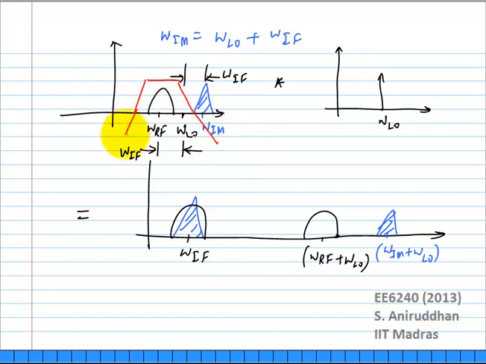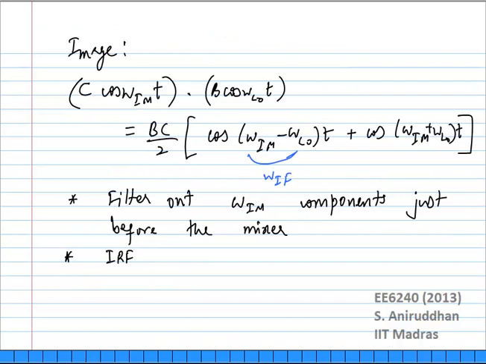The smaller IF is, the closer the image will be to your RF frequency, the tougher it will be to design this filter because the filter needs to be very high Q. So if you choose a small enough IF, you may not even be able to filter out the image. So from the point of view of the image, the image reject filter will desire the IF to be very large.